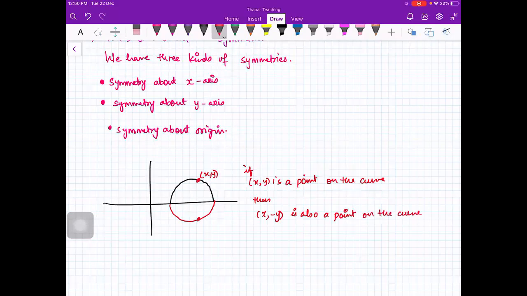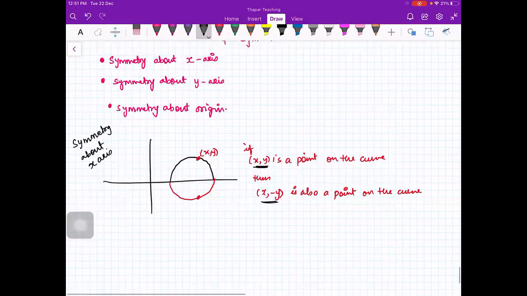Okay, so in terms of polar coordinates, can you tell me what will be the symmetry about x-axis? Here, in terms of Cartesian coordinates, we will check if x comma y is a point on the curve, then x comma minus y should also be a point on the curve for the curve to be symmetric about x-axis. Now, in terms of polar coordinates, tell me.